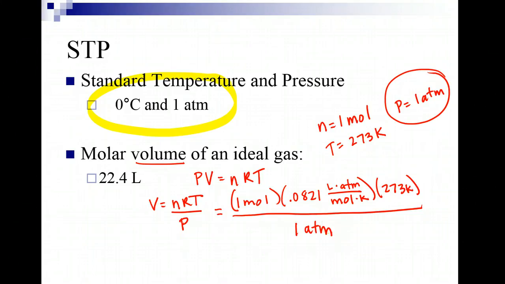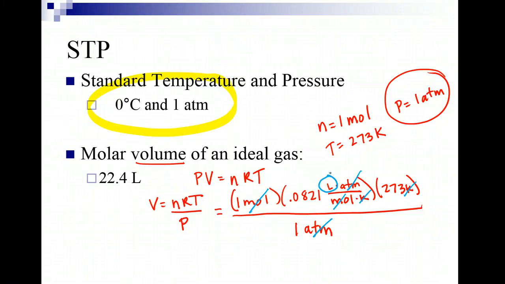Now taking a look at how these labels cross out, you might have wondered, why in the world does R have such crazy looking labels, liter atmospheres over moles Kelvin? Well, if you take a look at how things cross out here, moles will cross out, Kelvin will be eliminated, as well as atmospheres, which leaves liters in this case.